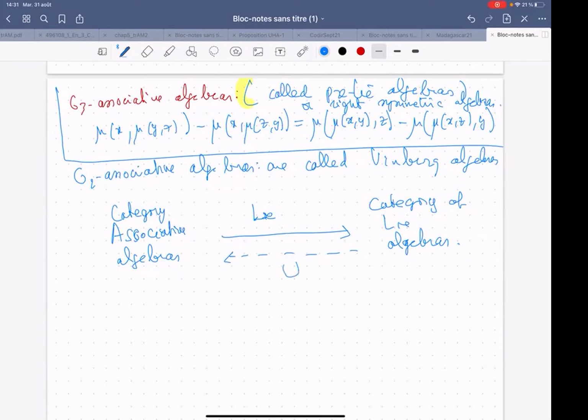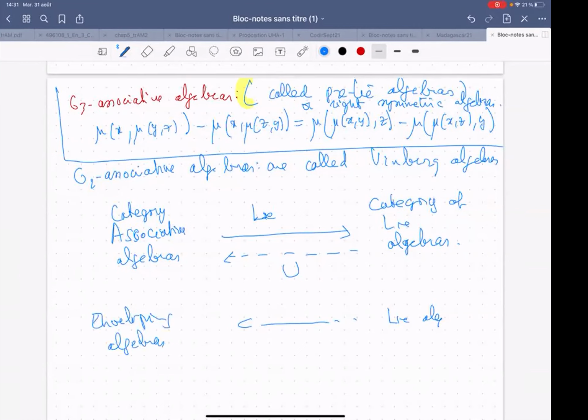And this functor we denote by U, and it associates to any Lie algebra a so-called enveloping algebra, which is associative.